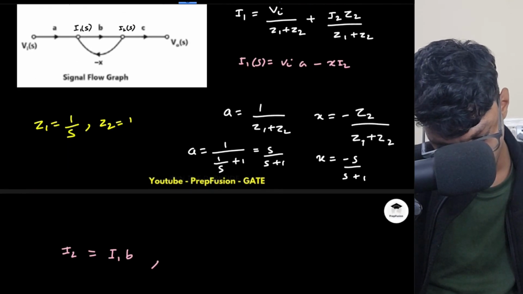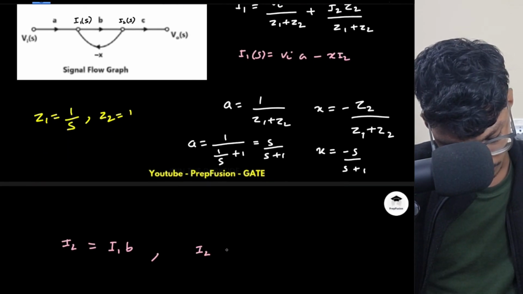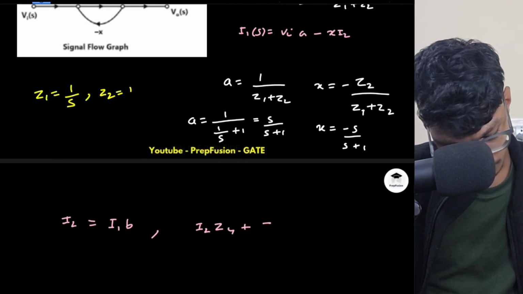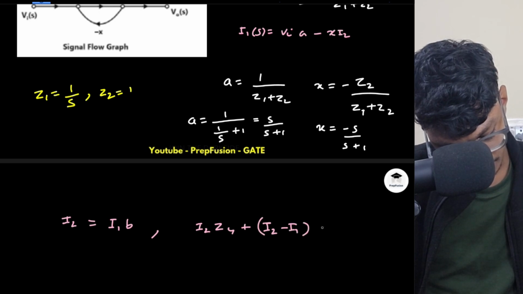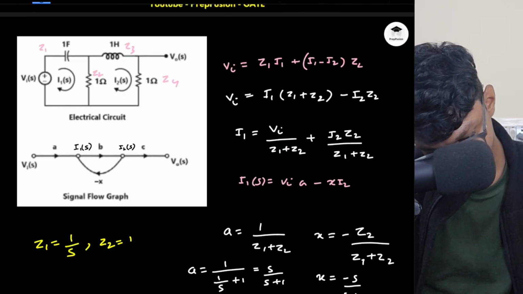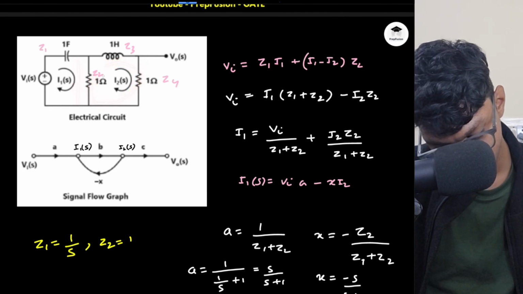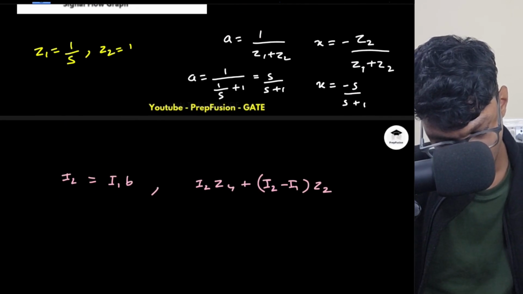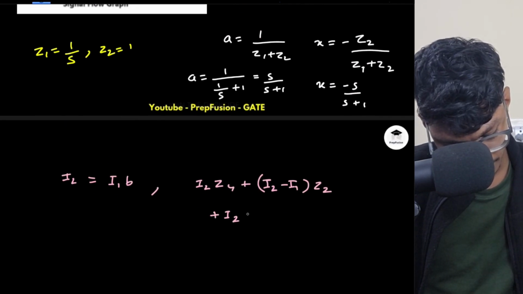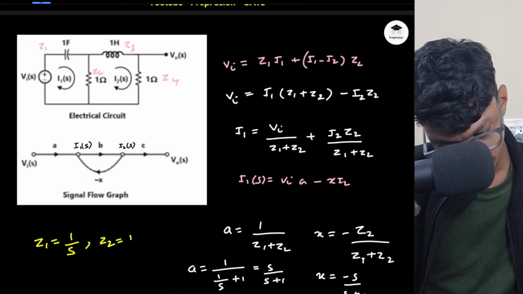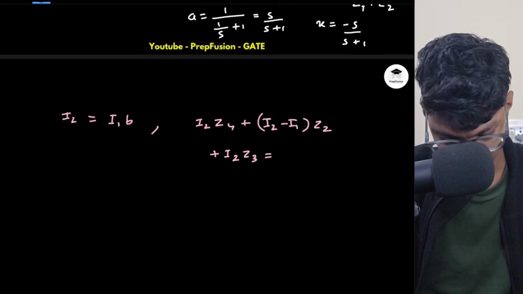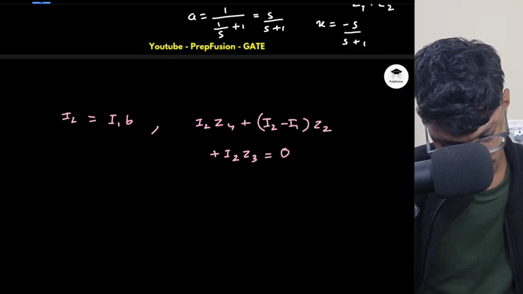It will be I2 into Z4 plus (I2 minus I1) into Z2 plus I2 into Z3. Okay, this is equal to 0.